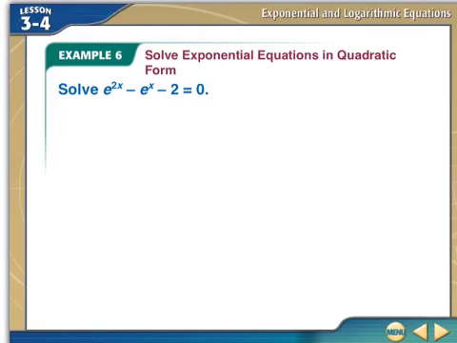Now, one thing we can do is we want to solve this quadratic. The book uses a substitution to help us solve this quadratic. What they do is they say, let u equal e to the x.